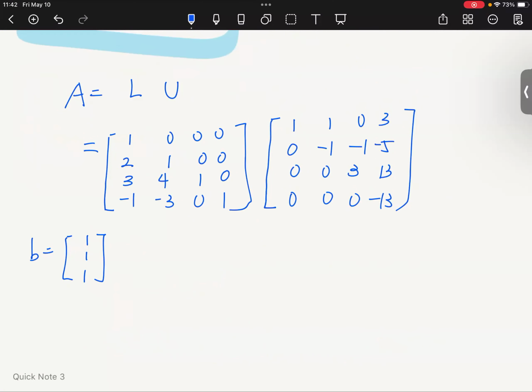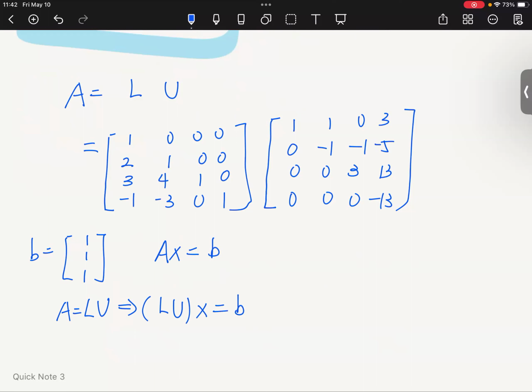So now you have the LU factorization of A, right? And you want to solve the equation AX equals B. It is equivalent to solving LU times X equals B.